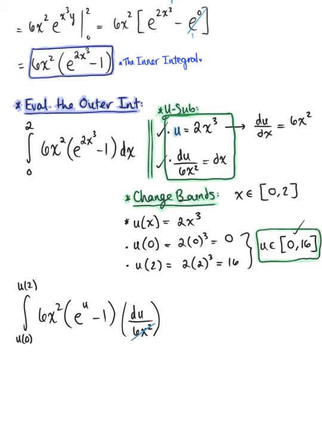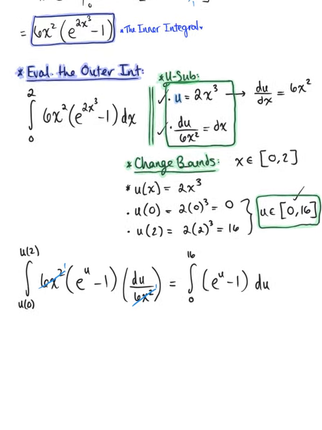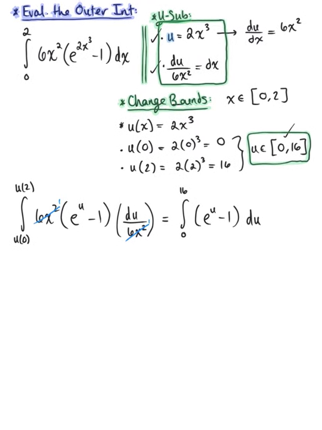The 6x squared in the numerator and denominator cancels. We can substitute in our new bounds. So u of 0 is 0, u of 2 is 16. So the integral from 0 to 16 of the natural exponential raised to the u minus 1 du. And would you look at this? We are left with a really cute general antiderivative.